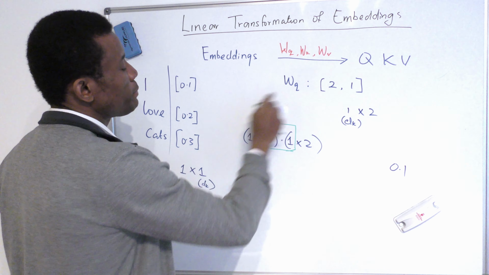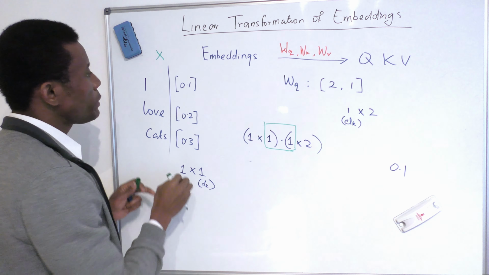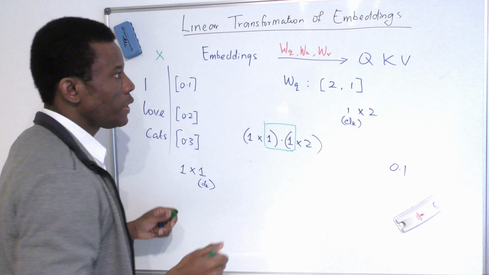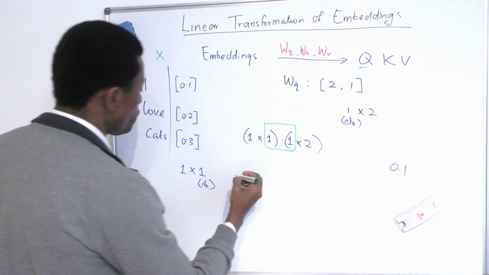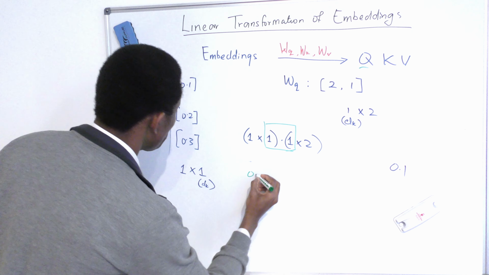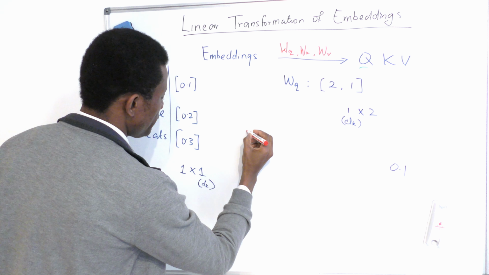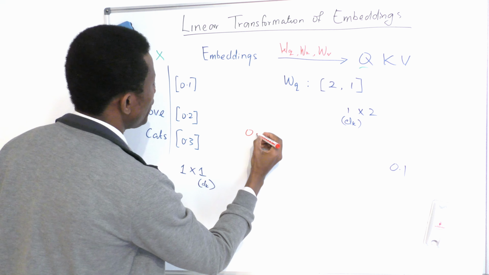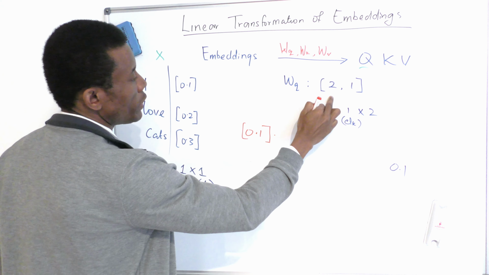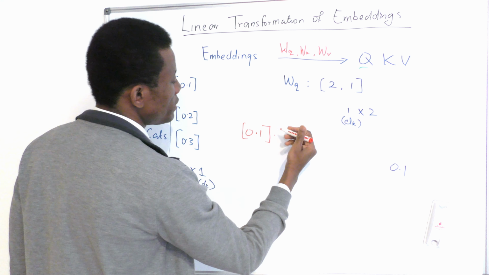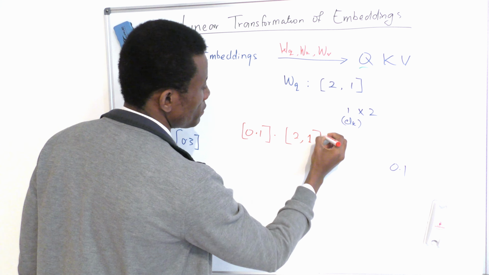Now let's go ahead and do this multiplication of the embedding, which we call x. Let's do the multiplication of x dot WQ and see how it's going to look. So we are trying to do 0.1 dot 2, 1.